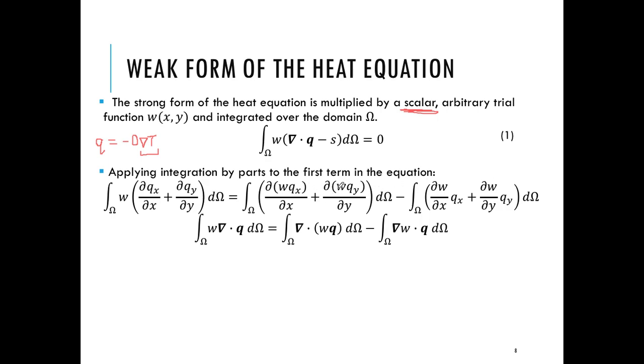You will remember what happened in integration by parts: dB by dx multiplied by A. If I was integrating this, then I would get AB minus dA by dx times B. I hope this is correct.